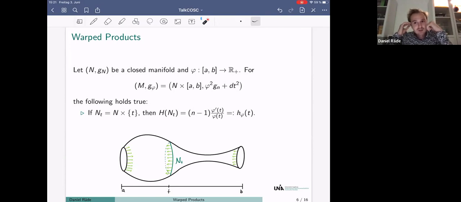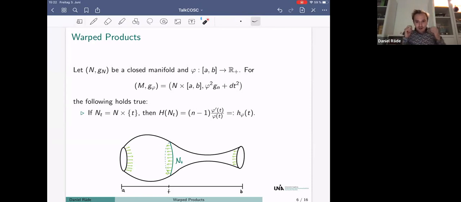So for me, comparison geometry looks like this. You have some arbitrary space, and then you have model spaces. Then you compare metric properties of the space you start with to metric properties of the model space. And then if you have good comparisons between these properties, you can say something about the relation between the thing you started with and the model space.